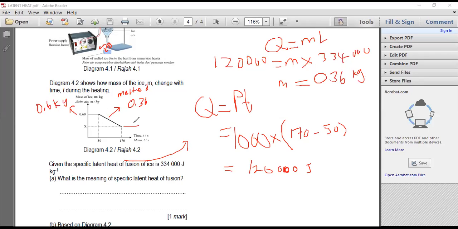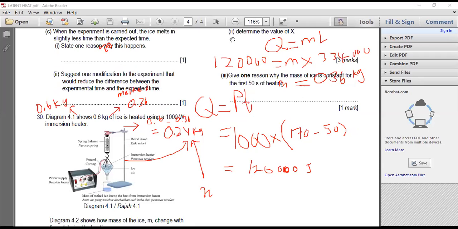So what is the value of X here? 0.6 minus 0.36, so you get 0.24 kg. So this is the value of X, that means this is the one left at 170 seconds, 0.24 kg.